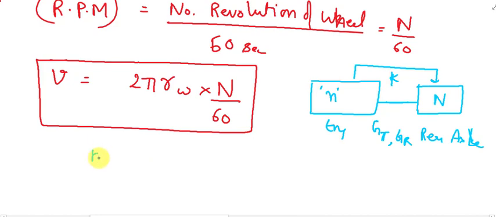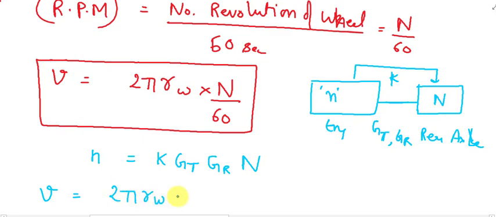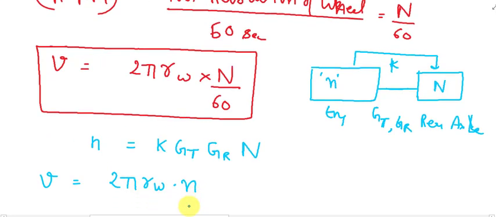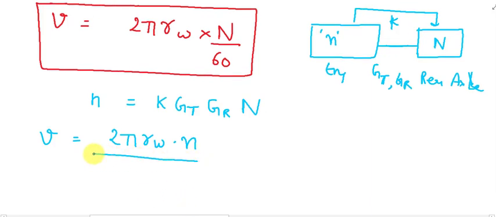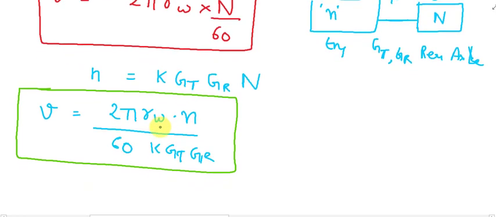In this case we can say that our small n is equal to k, gt the transmission ratio, and gr related to your rear axle gear ratio, by N. So your velocity will be equal to 2 pi Rw N divided by 60, k gt multiplied by gr. So please note down this formula.